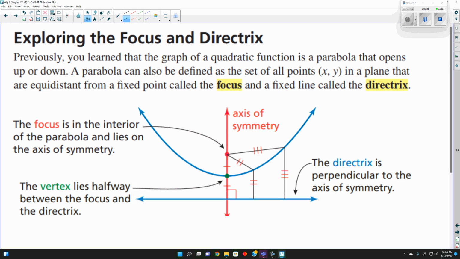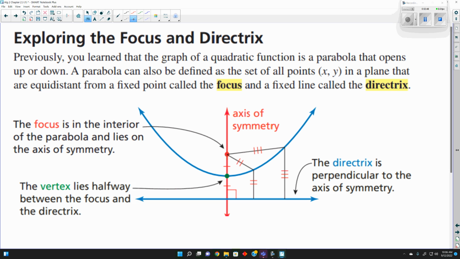Now, there is another one they talk about. So we have this here. We have the focus. We also have the vertex, the center or kind of the lowest point on this parabola. Now we also have another line down here called the directrix.